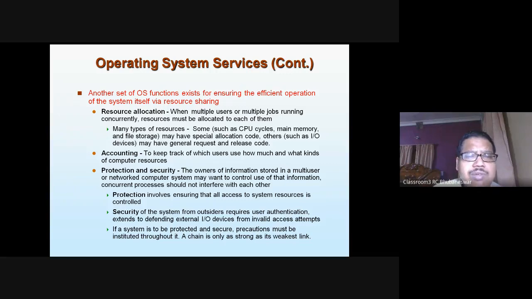Then, how will the user get protection and security? The user will get protection and security depending on the requirement, the accessibility, and the permission. That means what permission you have, whether you can access the file or not, and if you have, then what kind of access. So we have protection and security so that the system can keep track of its files.